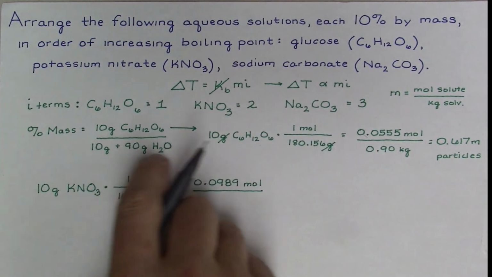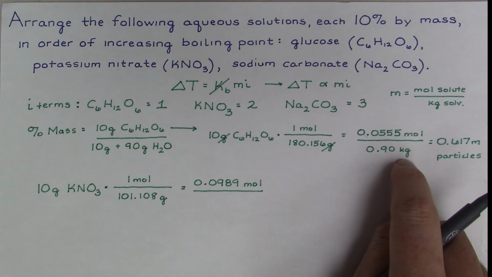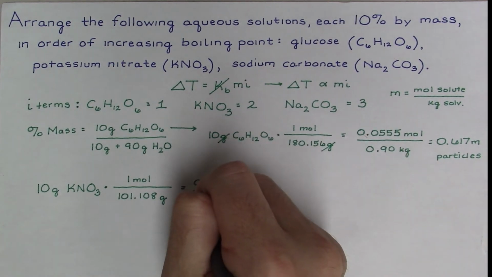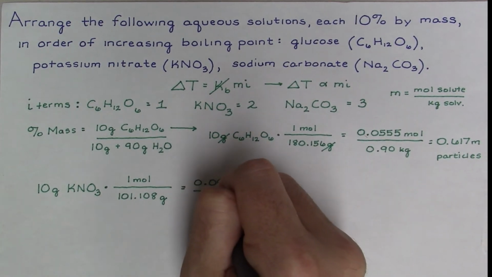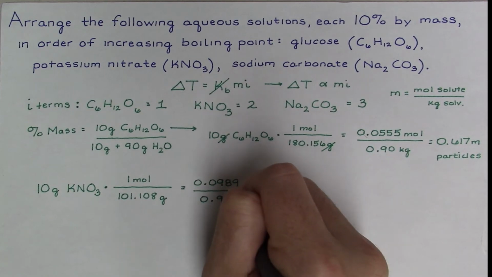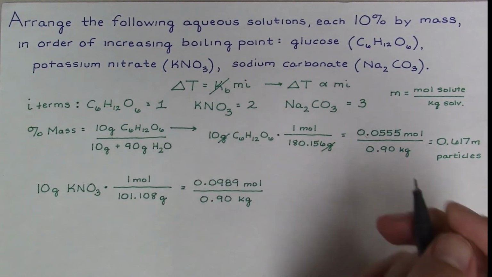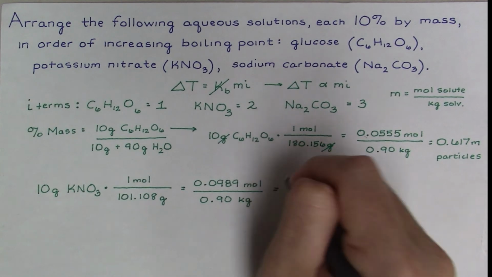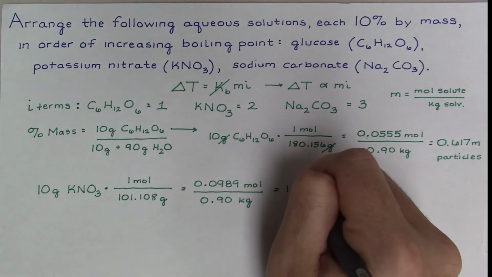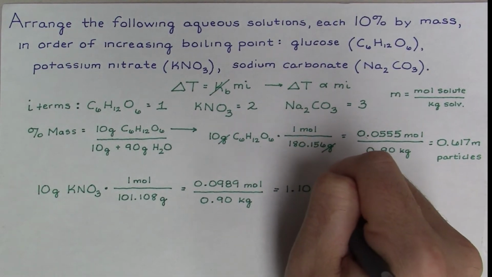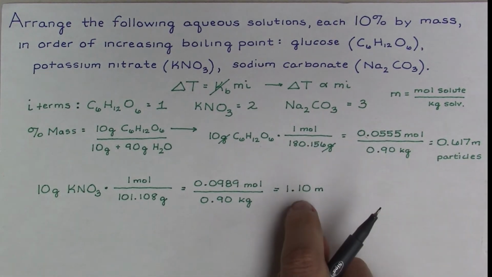We're going to divide by our 90 grams. So in this case, it is going to be 0.090 kilograms. And you'll receive a molality of 1.10 molal KNO3.